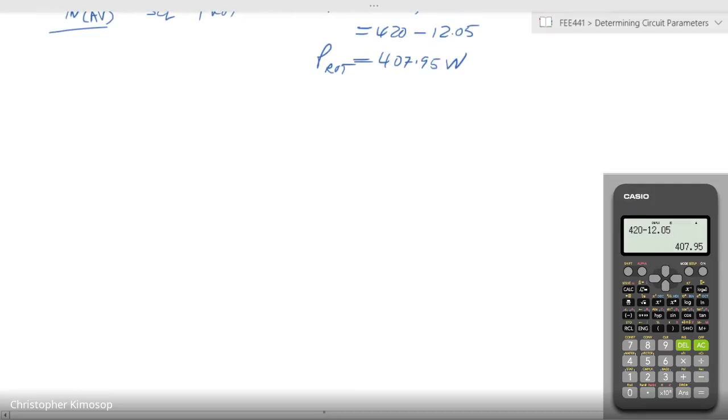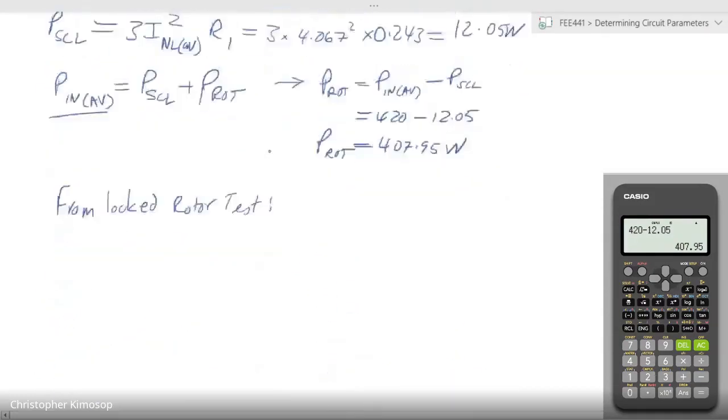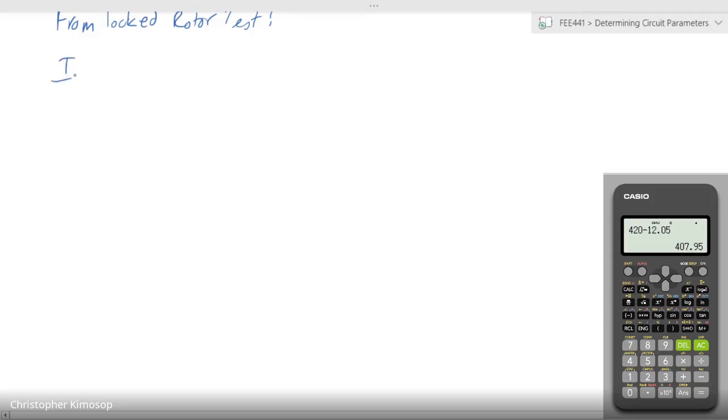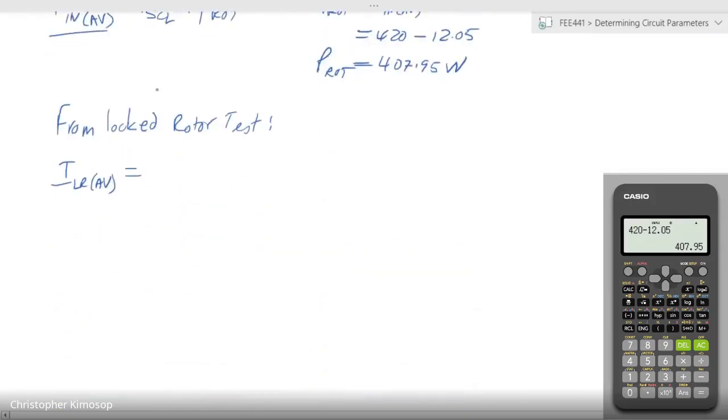So now let's look at what we can learn from the locked rotor test. Okay. Now, in the locked rotor test, we had the elements being given here. So we have to get, first of all, the average input current. So locked rotor current average is given by 14.1 plus 14.0 plus 13.6.